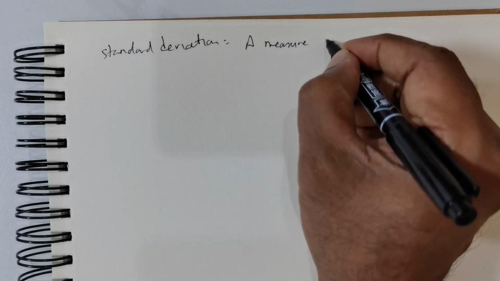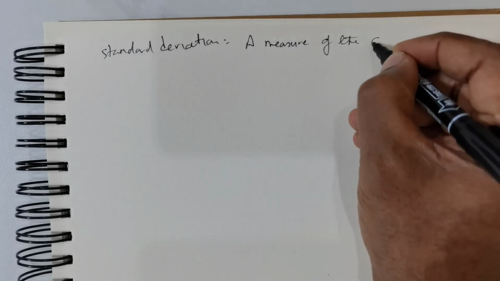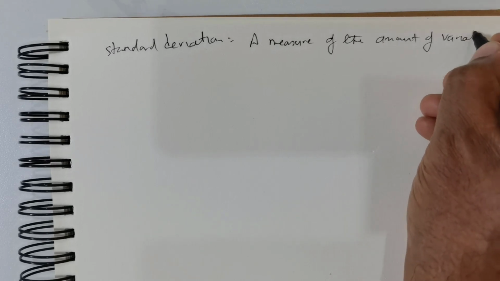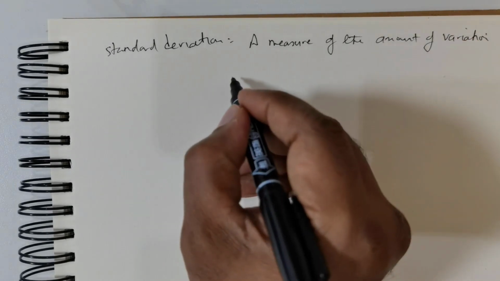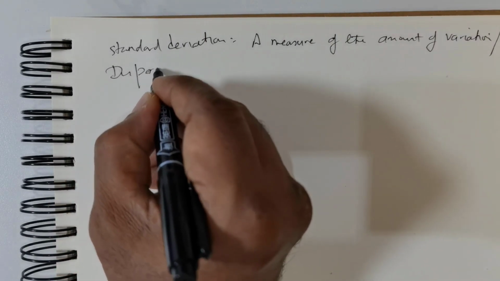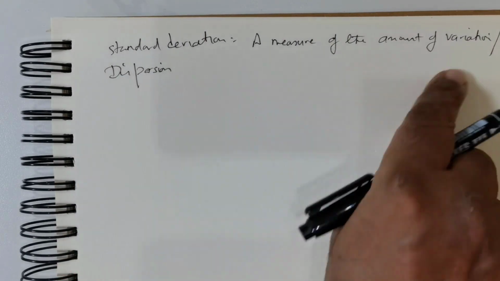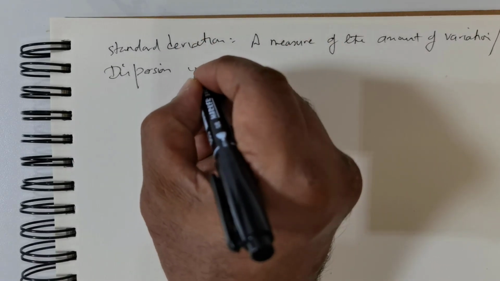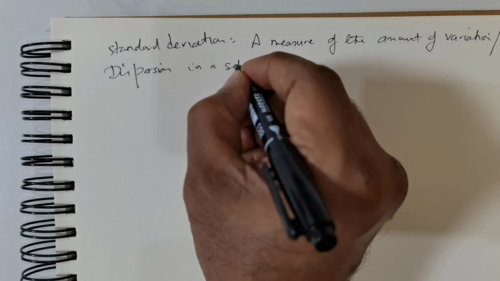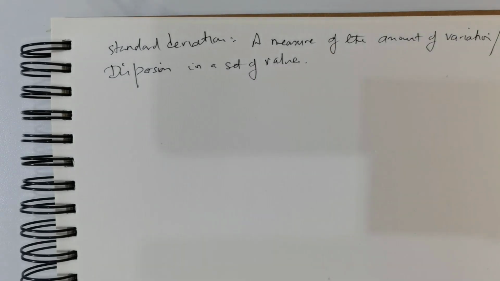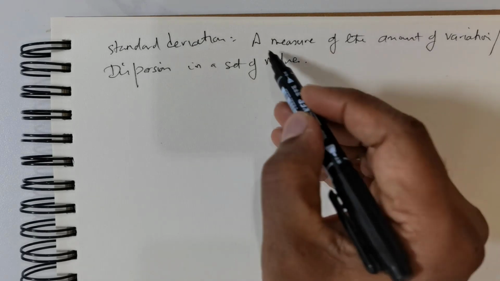It's a measure of the amount of variation. You can use the word variation or dispersion. This term will also be used, so don't get intimidated. Either variation or dispersion in a set of values.